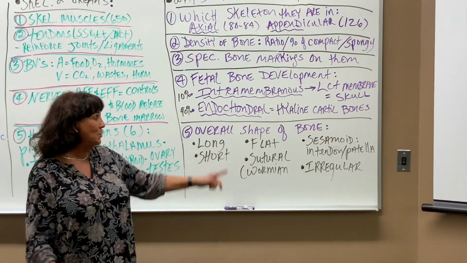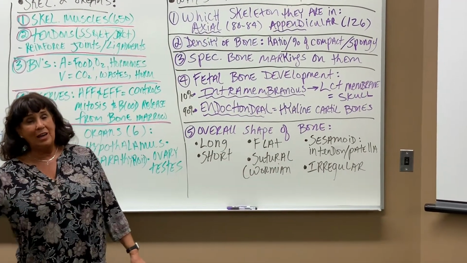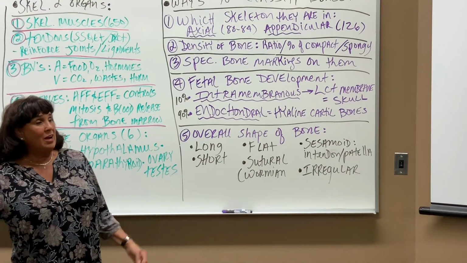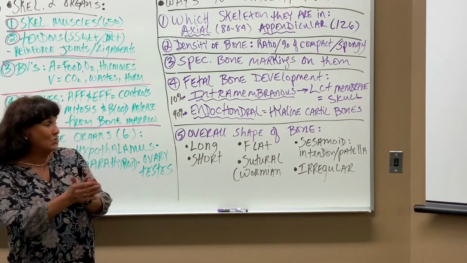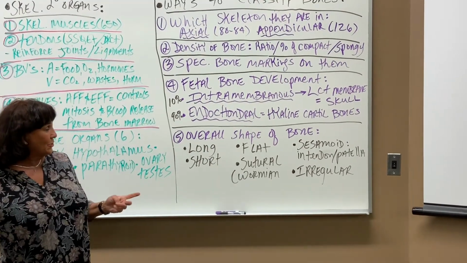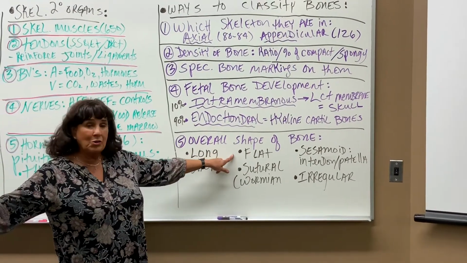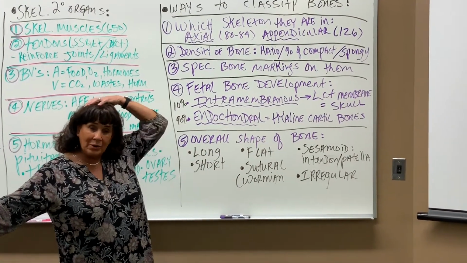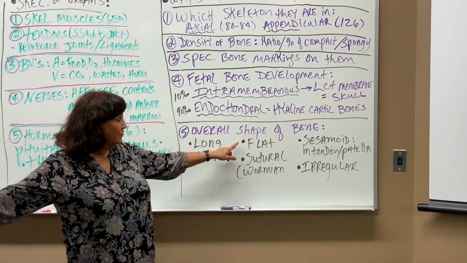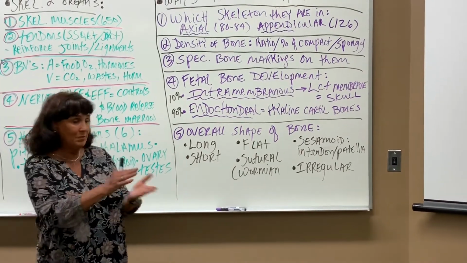And so flat bones, the best one would be the sternum, is considered a flat bone. Ribs sometimes are considered flat bones because they're compressed also. And so those are great ones. And all your skull bones, except for the mandible, all the cranial bones are considered flat bones because they're compressed.